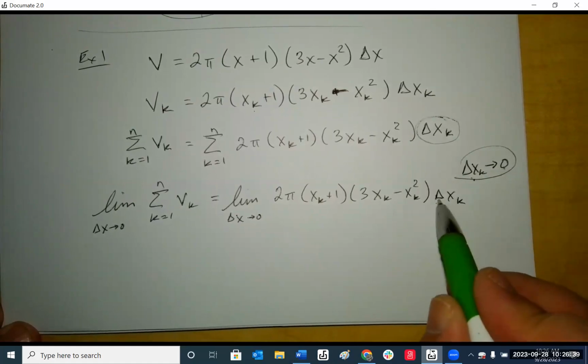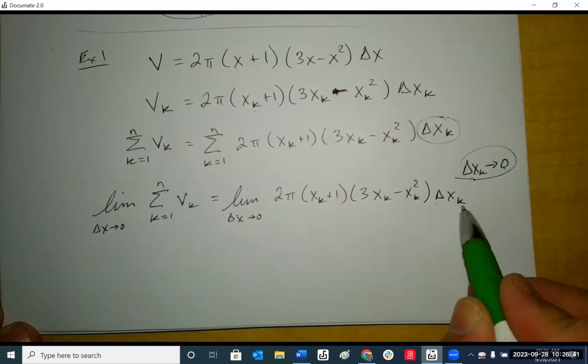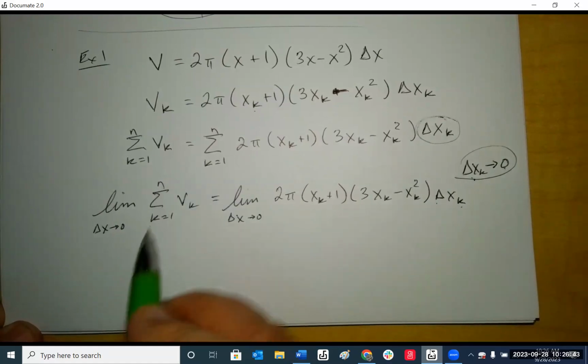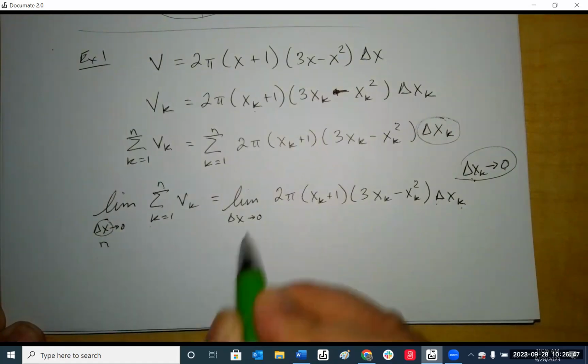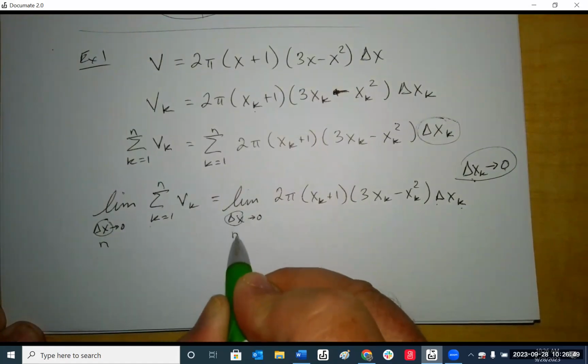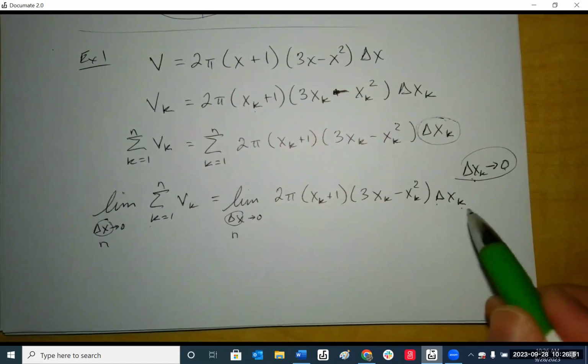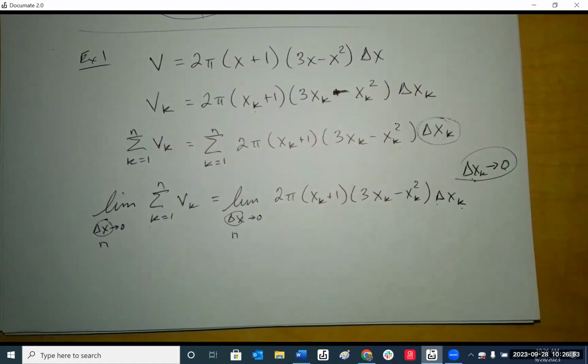Because delta x is delta x sub k, right? And k goes to n. So what we really have to do is change this to n as n goes to infinity, meaning we'll have a whole bunch more sub x's.